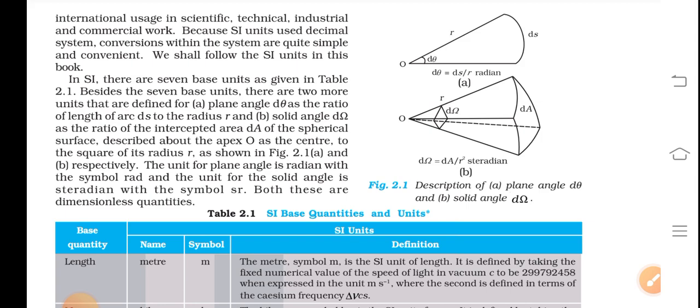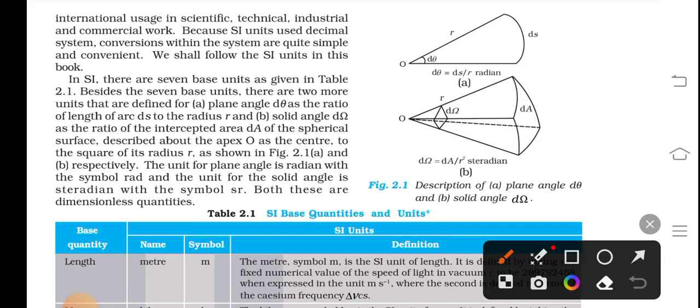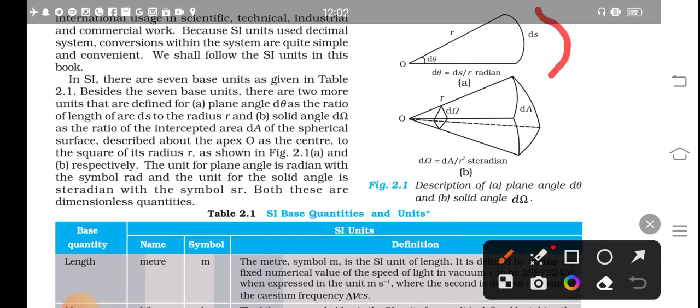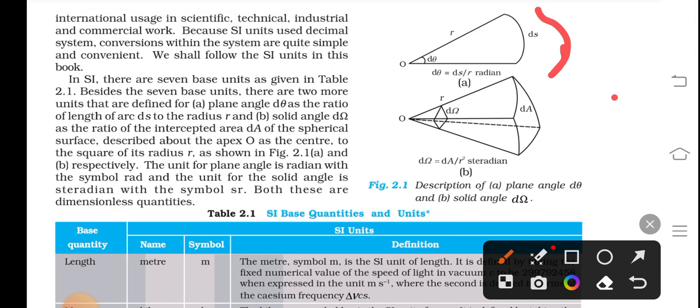Besides the seven base units, there are two more units that are defined: plane angle and solid angle. Plane angle is the ratio of the length of arc to the radius.